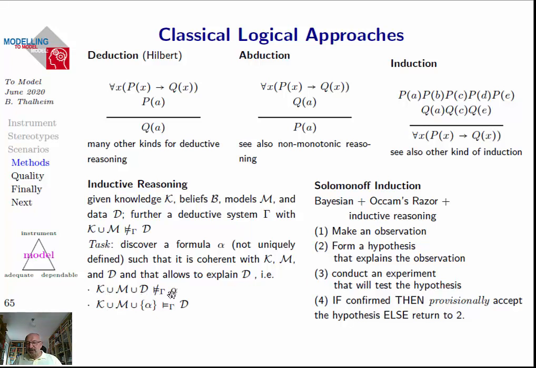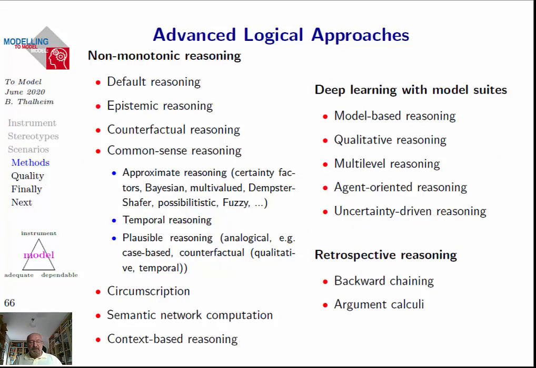That means alpha is somehow a better means, and you can incorporate alpha into the model, and in this case you have a good explanation for the data. You can extend it also to all AI-like reasoning methods for non-monotonic reasoning. You can enhance it by deep learning with model suites or with respective reasoning techniques.